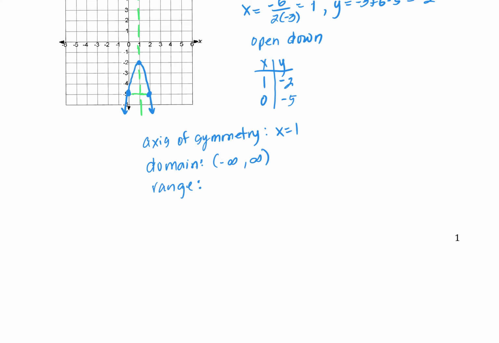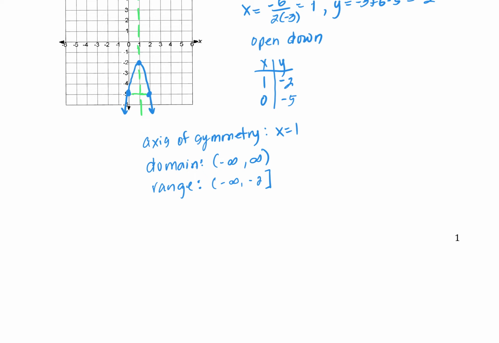So we either have a highest y value or a lowest y value. In the case of this particular graph, you can see that the largest y value I have is -2. But I get all the smaller y values, which means our range is going to go from -infinity to -2, and we can include -2, so it's a bracket.